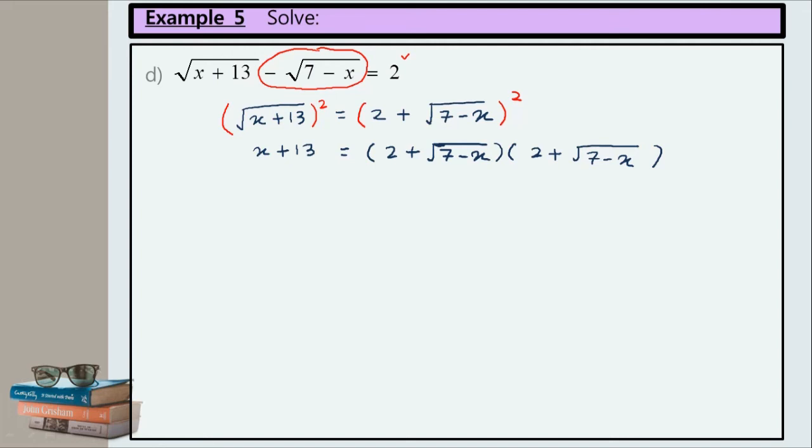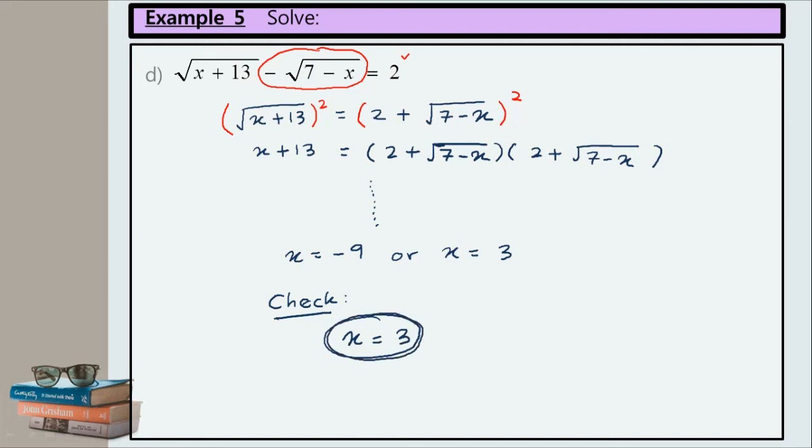This example is the same method as example 5C. So, you can try by yourself. Check whether you will get x equal to negative 9 or x equal to 3. But, after we check, our final answer is only x equal to 3. Okay, try by yourself.